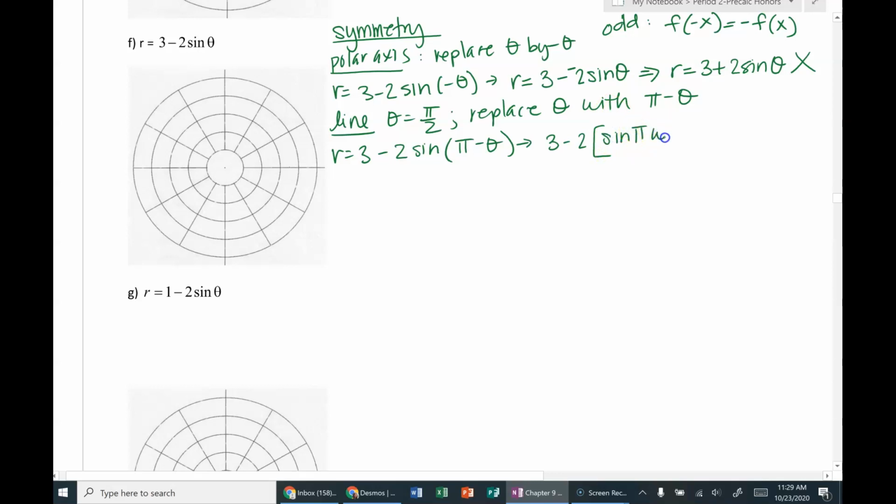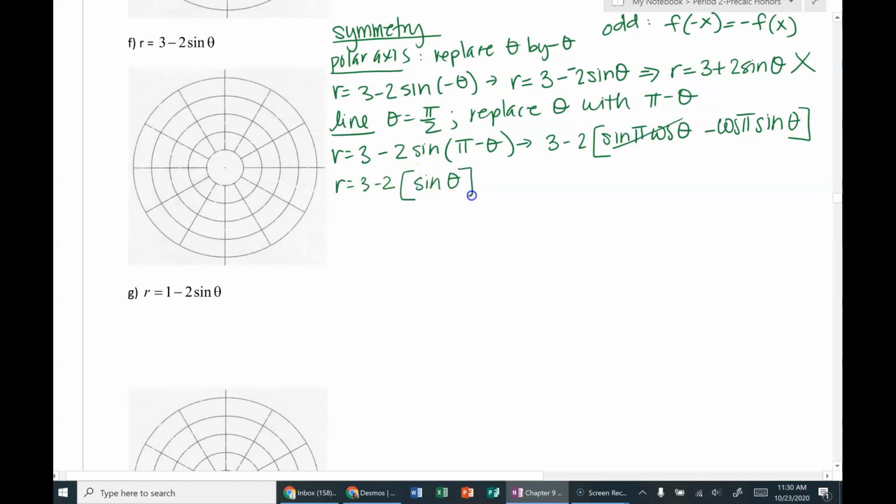Sine of pi cosine of theta minus cosine of pi and sine of theta. Well, sine of pi will go away because it's 0. So r equals 3 minus 2 quantity, cosine of pi is a negative, and there's already a negative in the front, so that becomes positive 1, and then times sine of theta.